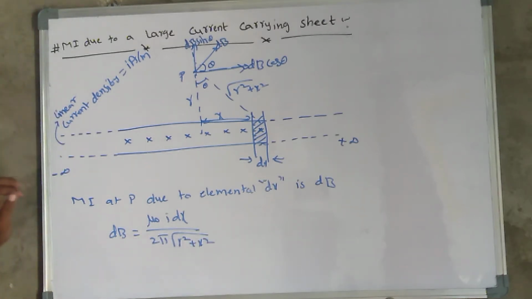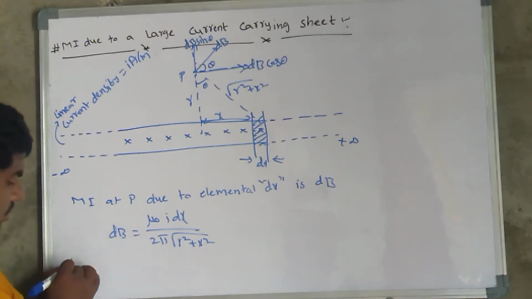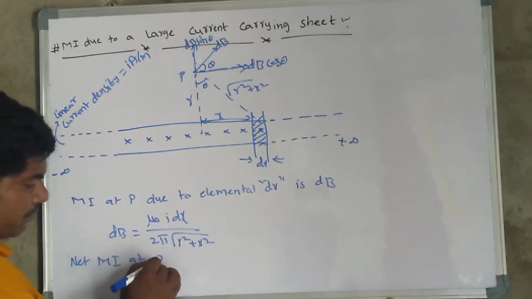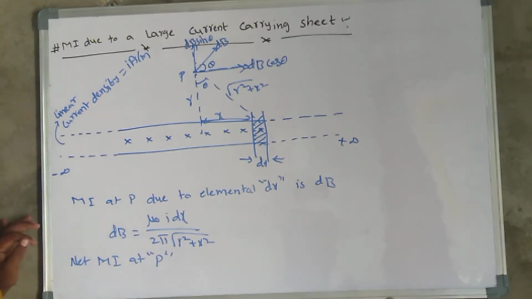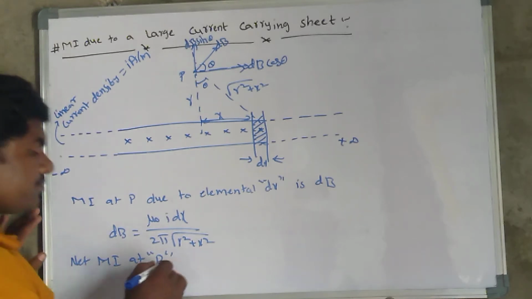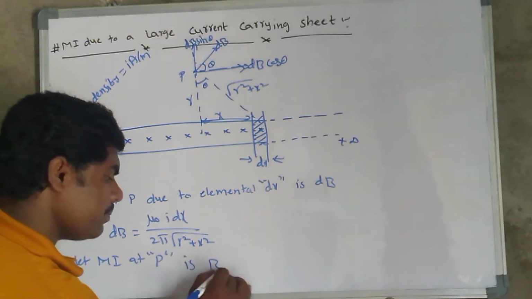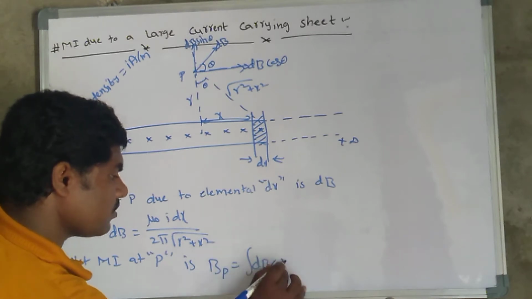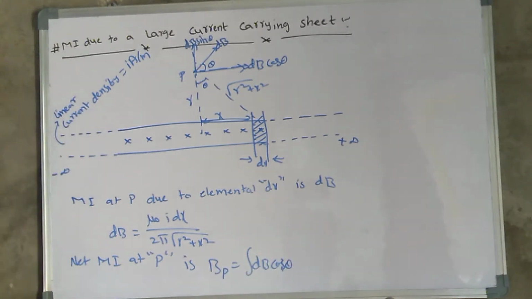Here we want the total or net magnetic induction at P. So BP is equal to the integral of dB cos theta, because we integrate dB along the x direction only.